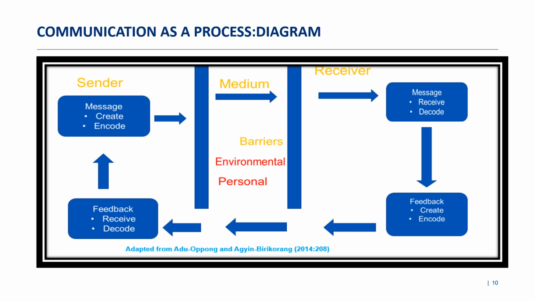But there are also personal barriers which may include the use of technical language, which we call jargon. So it is encouraged that the sender must keep it simple and direct and send the message in simple terms. Otherwise, the use of jargon may mean that the receiver may not be able to clearly understand the message that has been conveyed or sent by the sender.